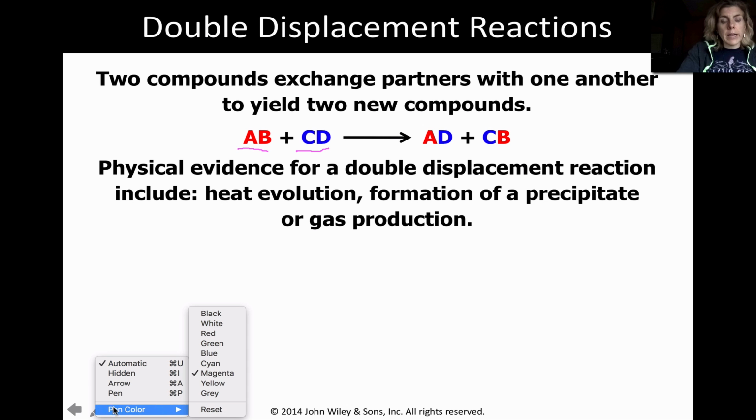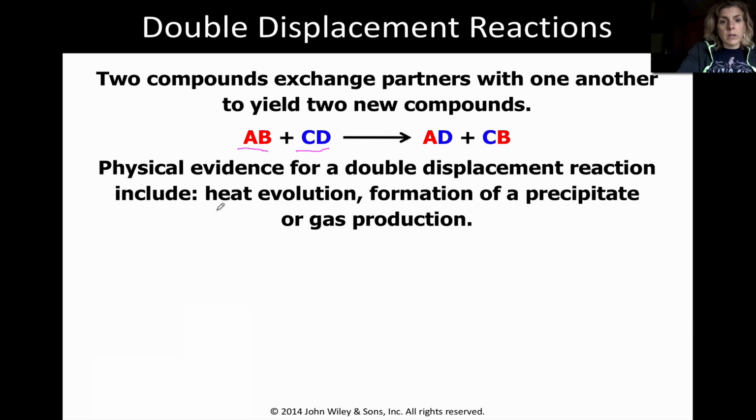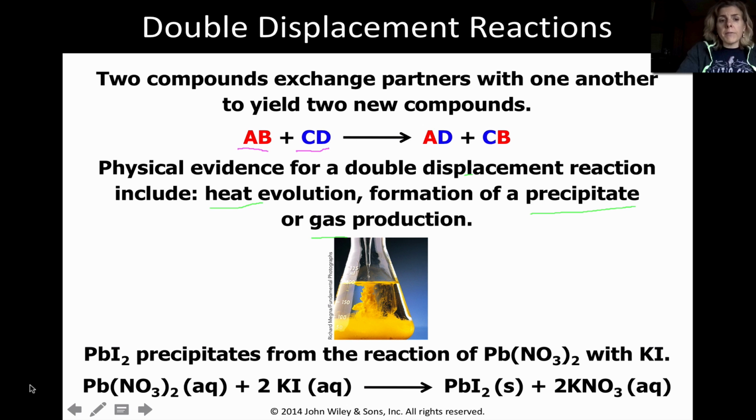When you're looking at a double displacement reaction, you're looking for heat. You're also looking for formation of a solid, and then lastly, a gas. Those are ways of telling whether or not you have double displacement. Here we have lead 2 iodide, so it forms a solid when it reacts with potassium iodide. This is an example of a double displacement reaction.